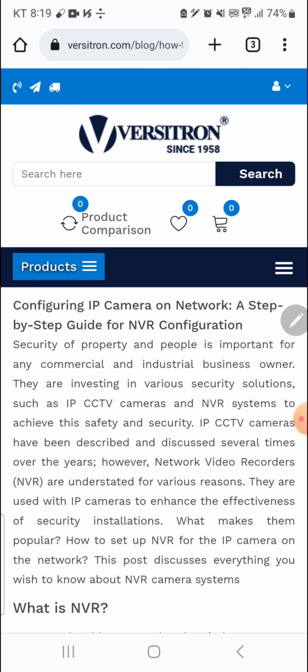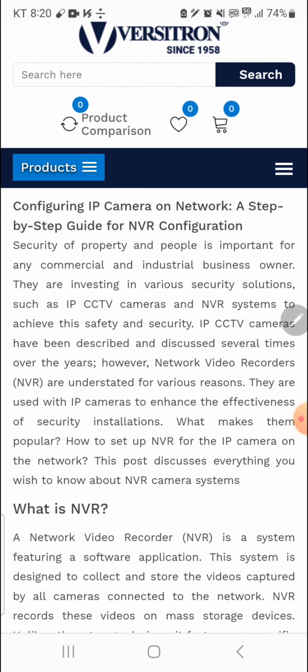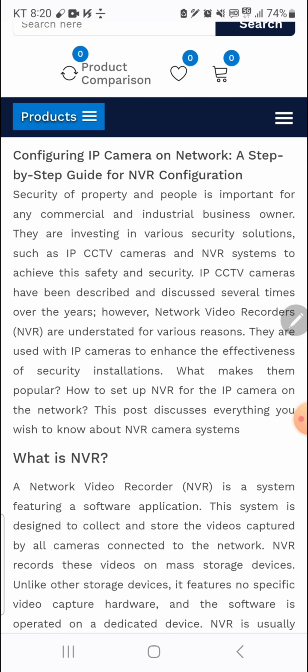So here we go. This one is from Versatron since 1958. Okay, so Versatron.com products. Configuring IP camera on network, a step-by-step guide for NVR configuration. Security of a property and people are important for any commercial and industrial business owner. They are investing in various security solutions such as IP CCTV cameras and NVR systems to achieve this safety and security.